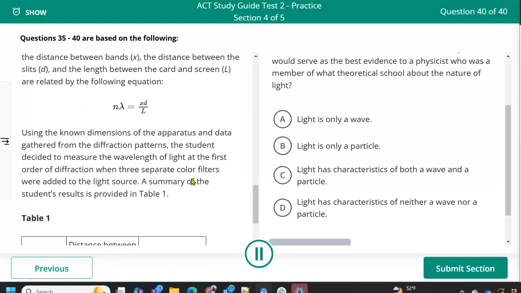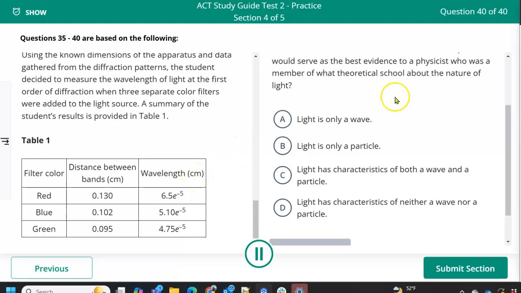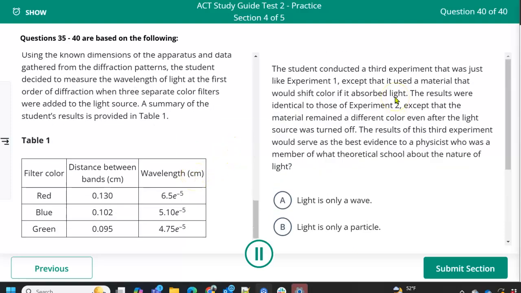We're talking about wavelengths. However, if the material remains a different color after the light source is turned off, then that's got to be happening through some sort of particle absorption, right? It hits it and it stays there.